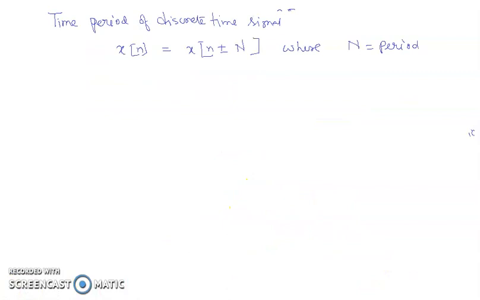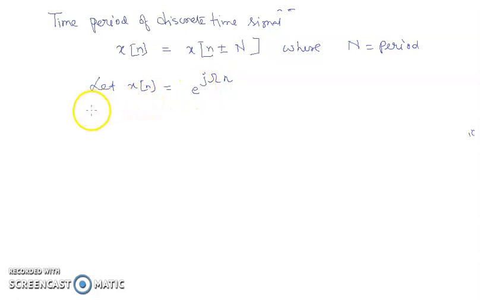To find the time period of a discrete time signal, let the time period be N. We can write x[n] as a signal which repeats after every capital N, which is the time period. So x[n] is equal to x[n ± N]. That is, after N samples, x[n] will be repeating. So let x[n] be equal to e^(jωn). Here ω is the angular frequency for the discrete time signal.